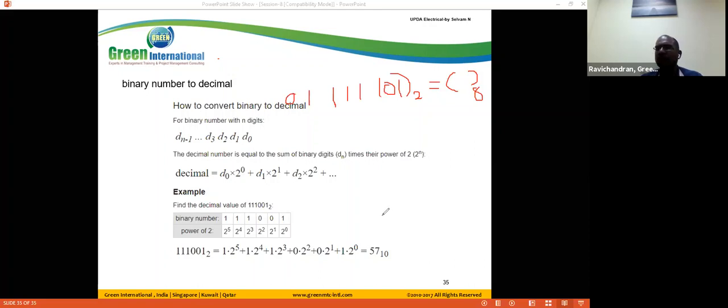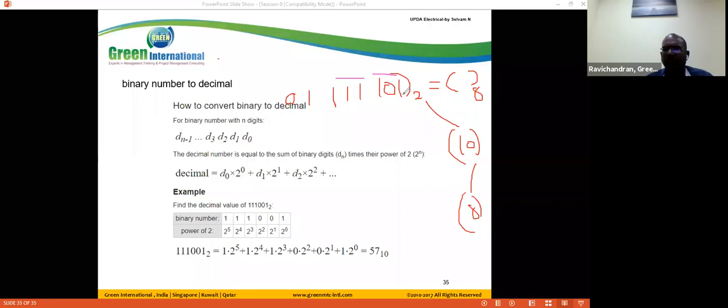Either one method is we convert the binary into decimal and then convert the decimal into octal. This is one method. Or you group these numbers. For octal, we group 3, 3, from the least significant bit.